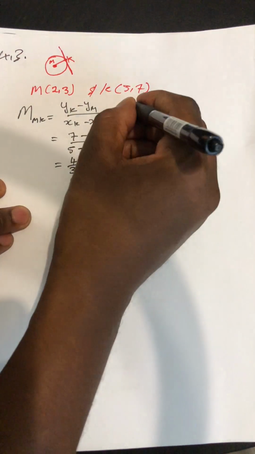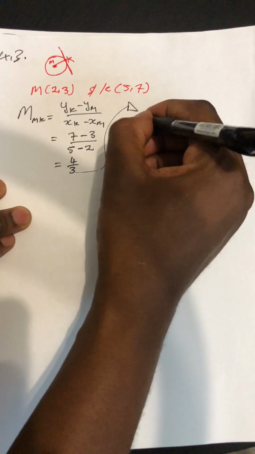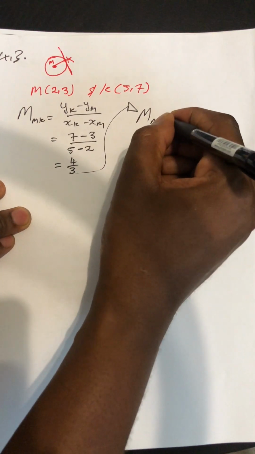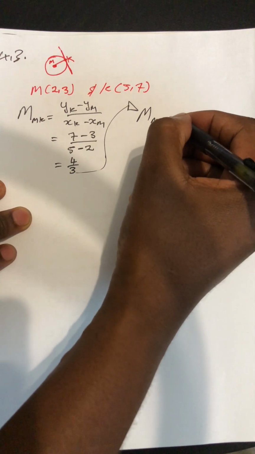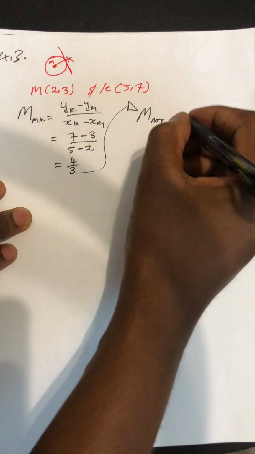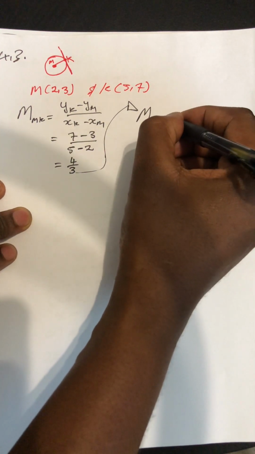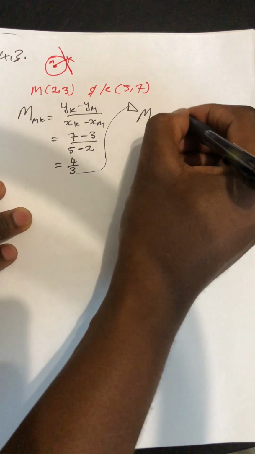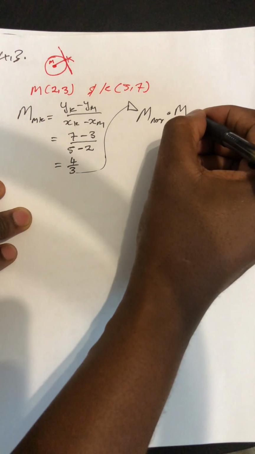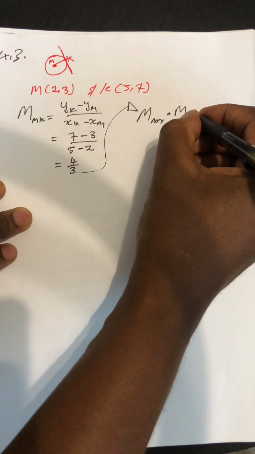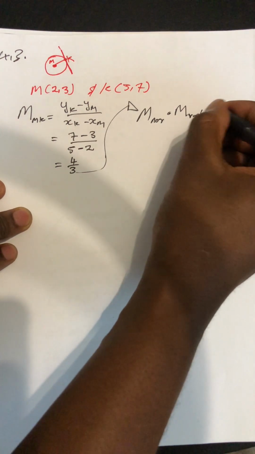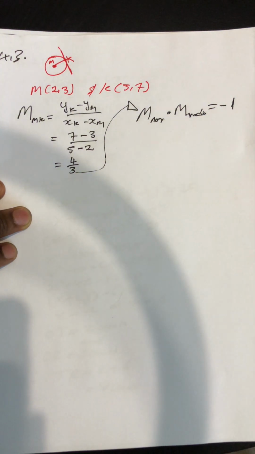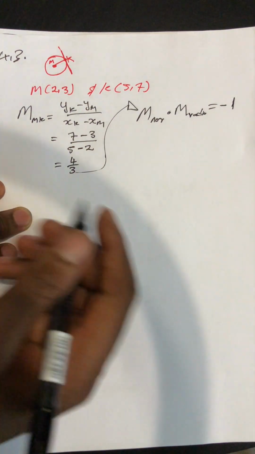Now we are going to say the gradient of a normal multiplied by the gradient of a radius must be equal to -1. What do I mean by normal? I'm talking about the tangent. Let's not use the normal.